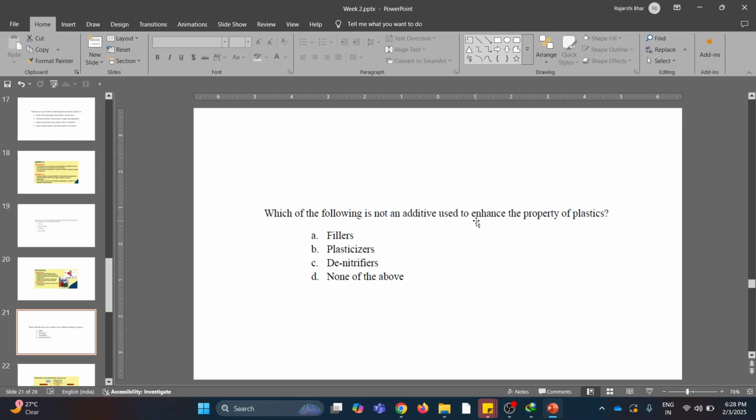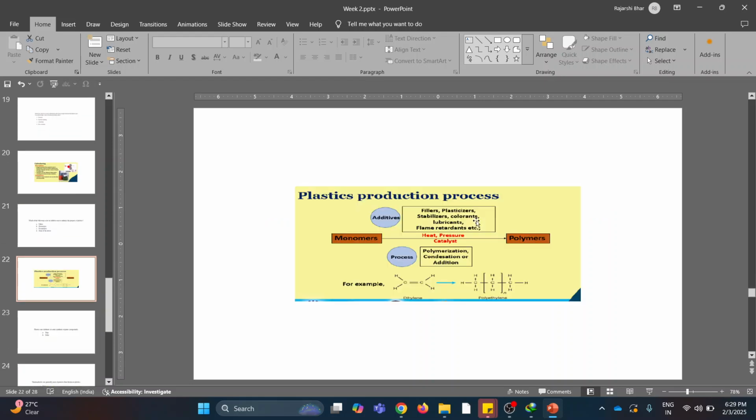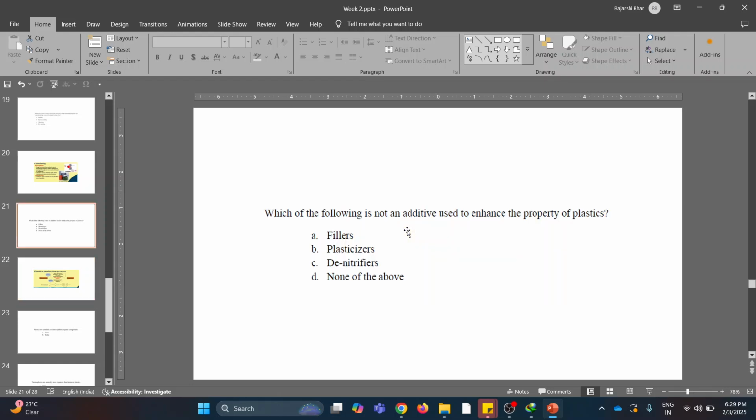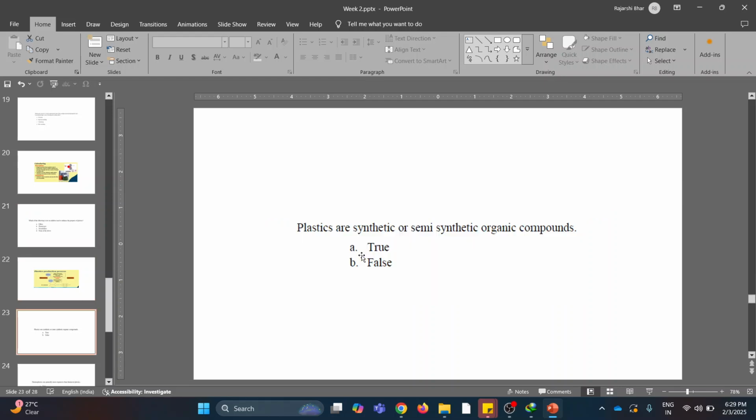So among this, denitrifiers is the correct answer. So you can see here, among the different additives: fillers, plasticizers, stabilizers, colorants, lubricants, flame retardants. So these are some of the types of additives being used. And among these, denitrifier doesn't fall under that category.